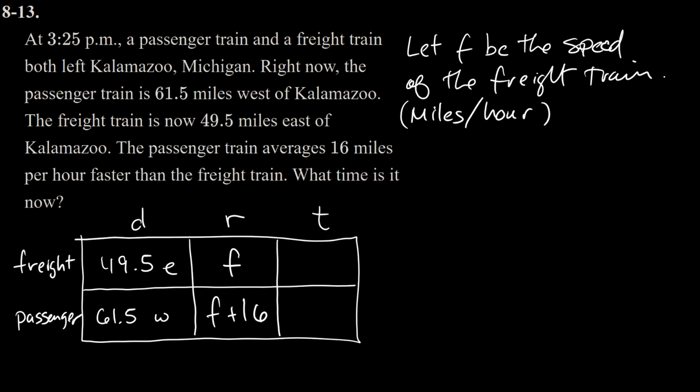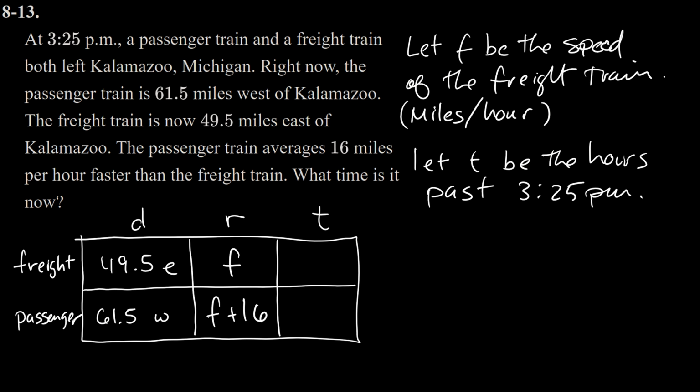Let t be the hours past 3:25 p.m. So t is going to represent a certain amount of time past 3:25 p.m. Once I figure out what t is, the big question is what time is it right now? I'm going to have to take t and add 3:25 to it to figure out the current time here.